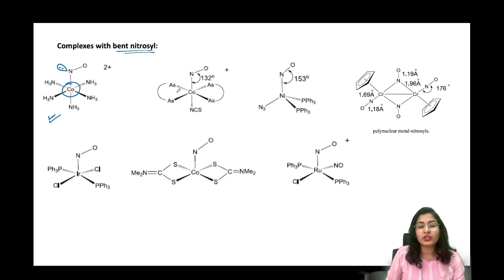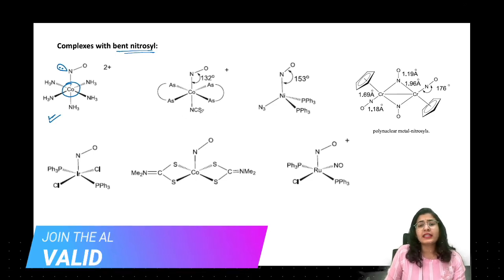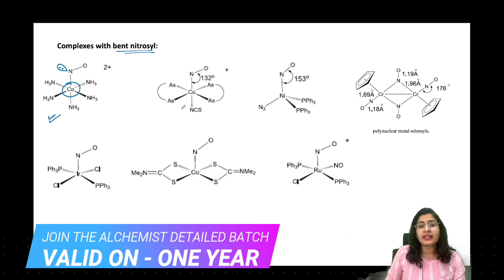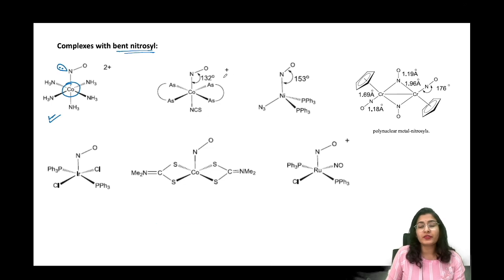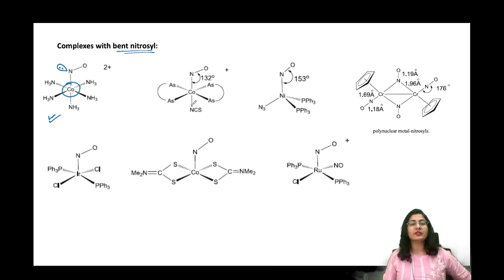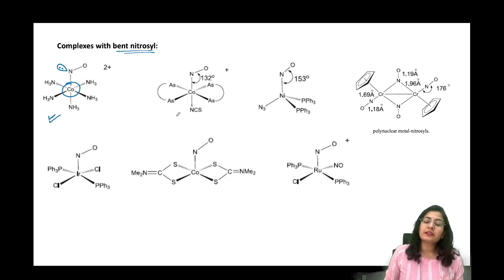Another compound over here: again the central atom is the same, the other ligand is a negative ligand, and there is an overall positive charge on the complex. So the oxidation state must be 3 plus for cobalt. Here also it is 3 plus. If you count the number of electrons, it is going to be the same 18 electron system.